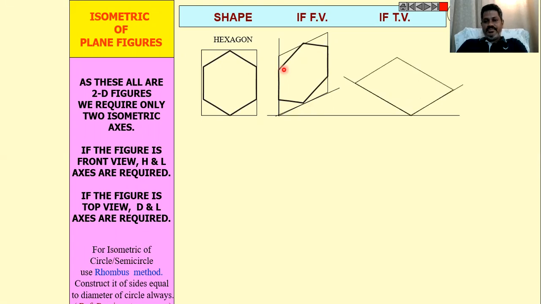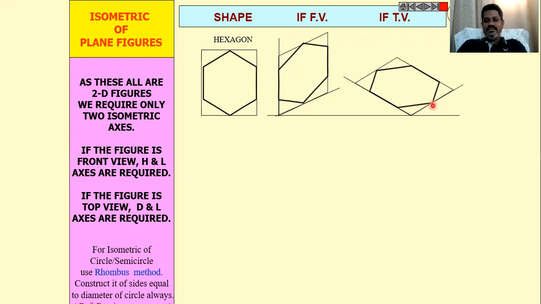Then similarly, to construct the top view of the hexagonal plane, same thing, in this case we have drawn the rectangle lengthwise and height-wise, but here we have to draw the rectangle in the top view first, on which you draw the hexagon with a similar procedure as we have done in front view.